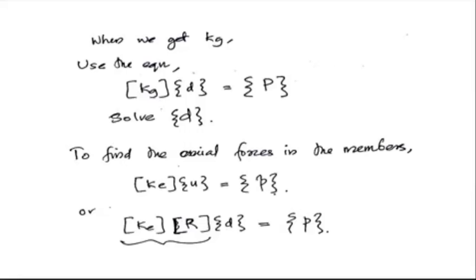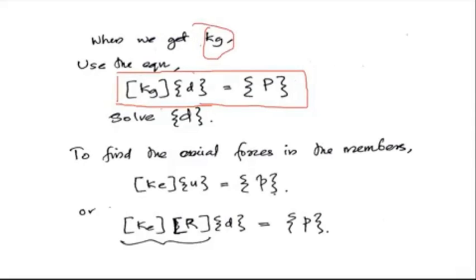And whenever we get Kg, use the equation Kg into D equals P. So for the entire structure, the procedure is almost the same as for continuous beams, but up to getting the structure stiffness matrix, it's different.